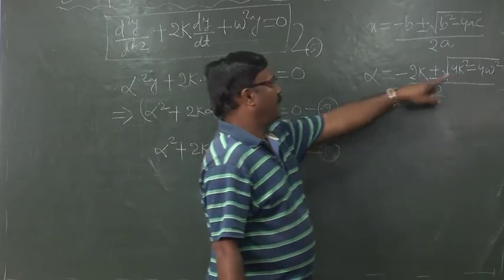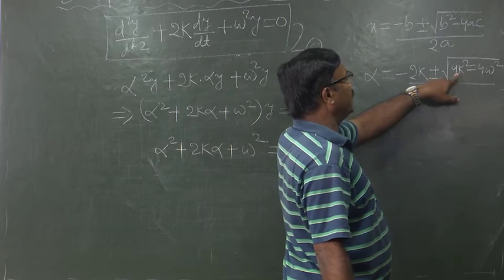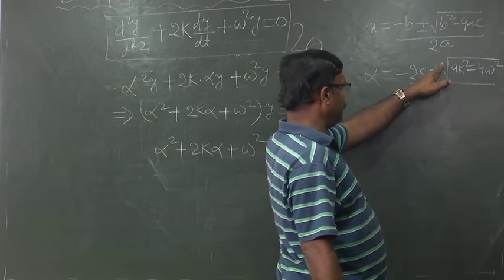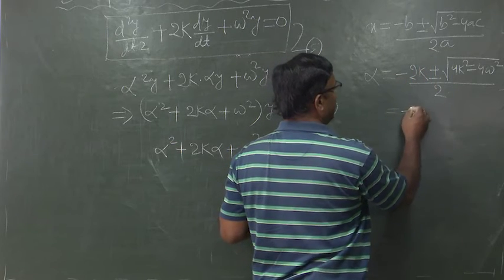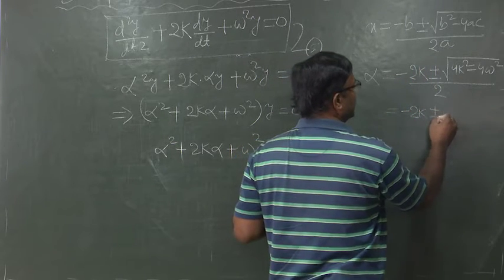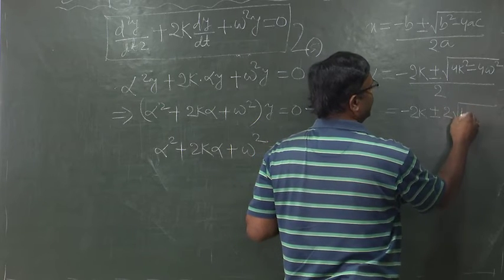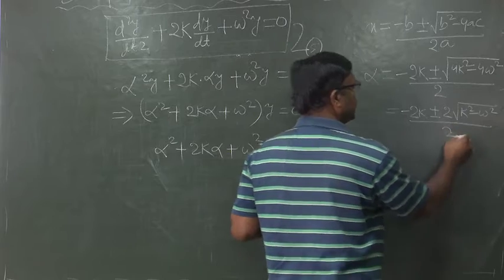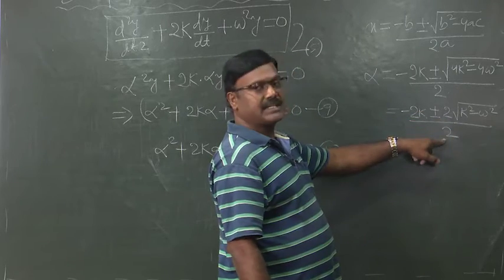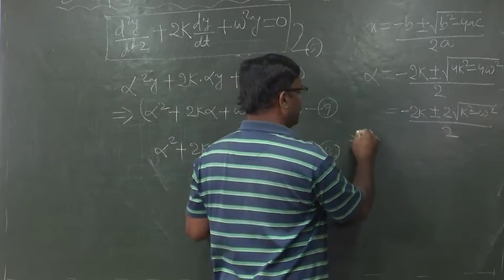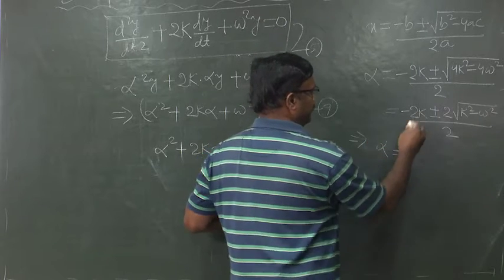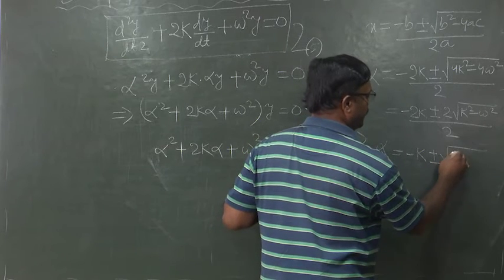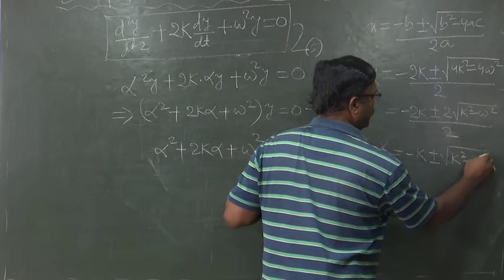Now, here we can take 4 as common, and taking 4 outside the root, it will become 2, and this becomes minus 2k plus or minus 2 into root over of k square minus omega square whole divided by 2. 2 gets cancelled. So, this alpha becomes minus k plus or minus root over of k square minus omega square.